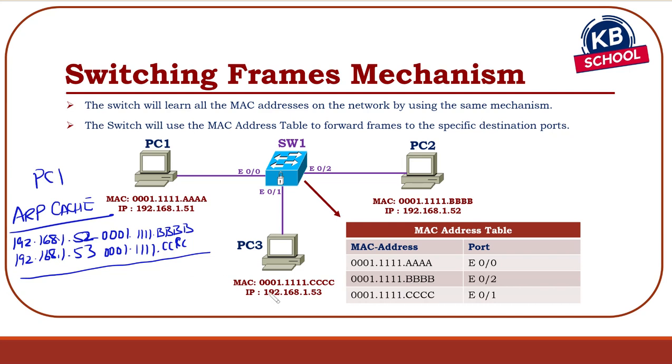PC3 will build a similar type of ARP cache, not for its own address. It generally will use it for 51, and another entry for 52.